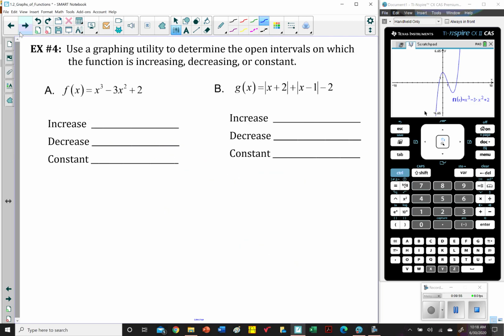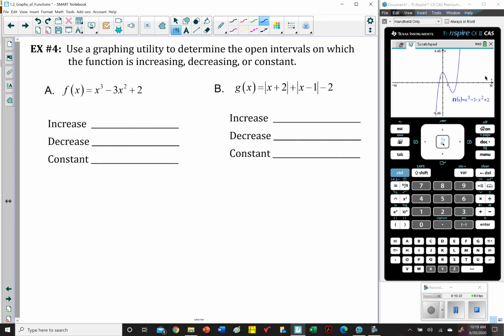Okay, in example 4, we want to use a graphing utility to determine the open intervals on which the function is increasing, decreasing, or constant. And you can see here on my Inspire that I have the first one graphed, and it looks like it's increasing from negative infinity up to 0, and then it's increasing again from 2 to infinity.